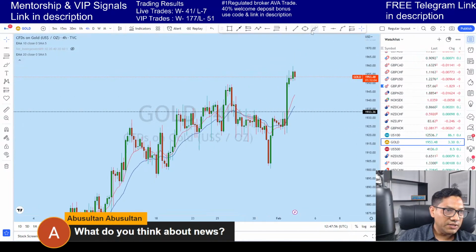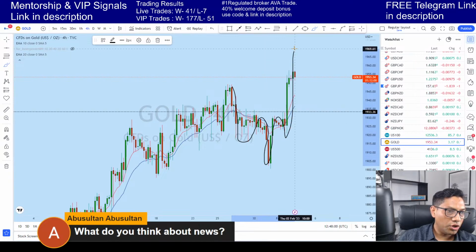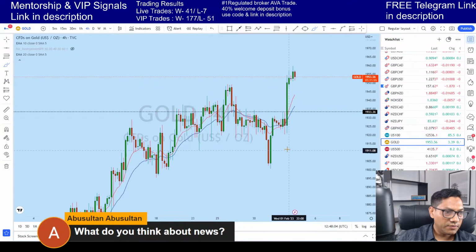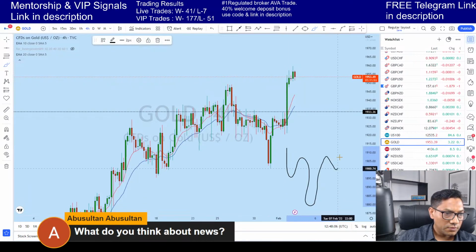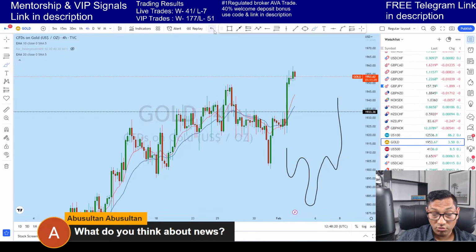When you see an inverted head and shoulders like that has broken up, the price will highly likely come back down here, test this previous resistance which is turning into support, and from here we can expect it to continue to rise.